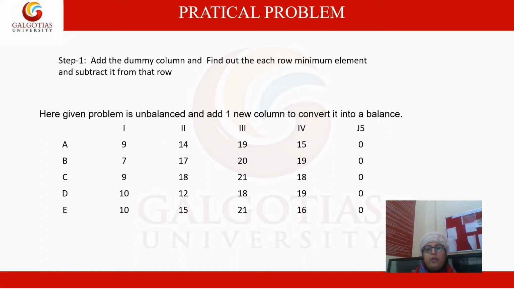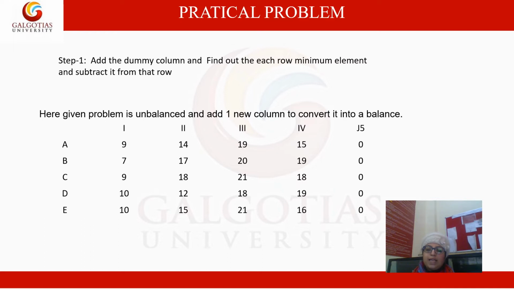So here we will be adding one more job, and hence we will add a dummy column, which will be J5 in this case, so that the number of works and the number of jobs are equal to each other. Then we are going to find the minimum element in each row.